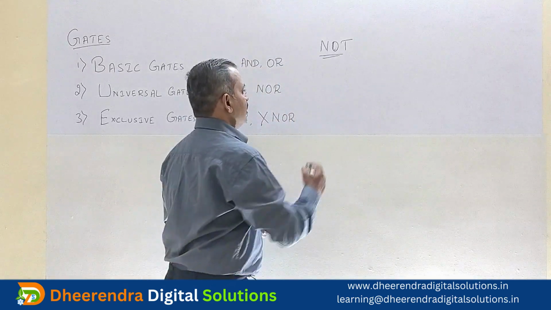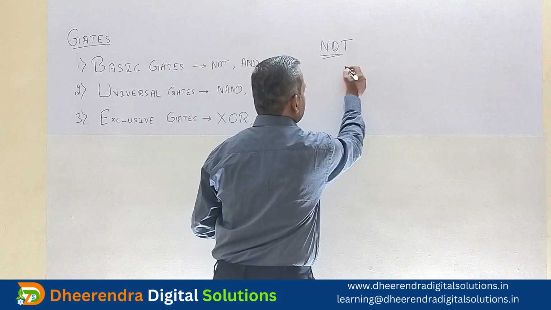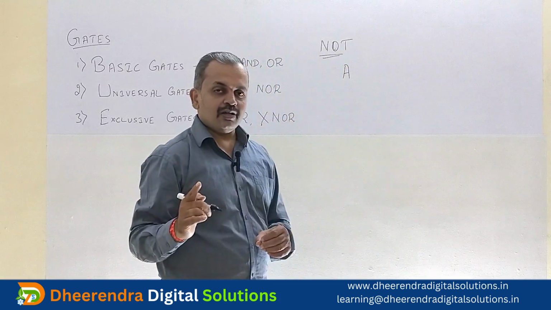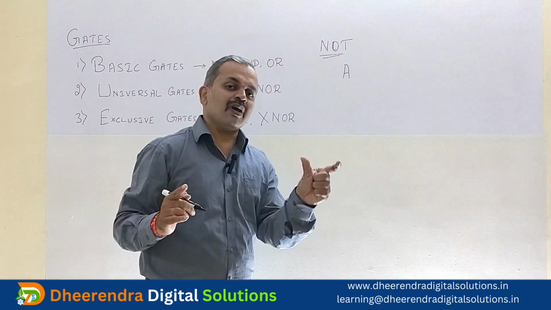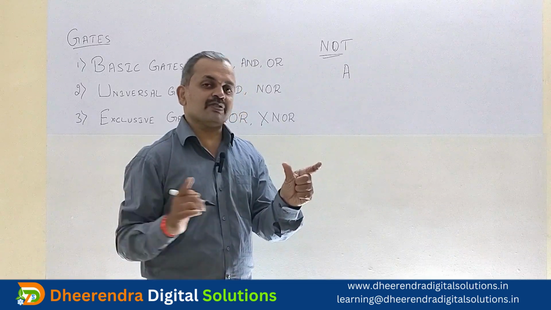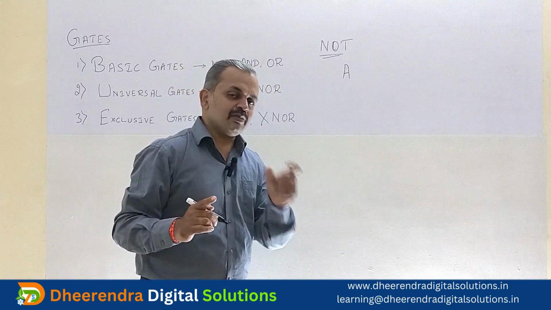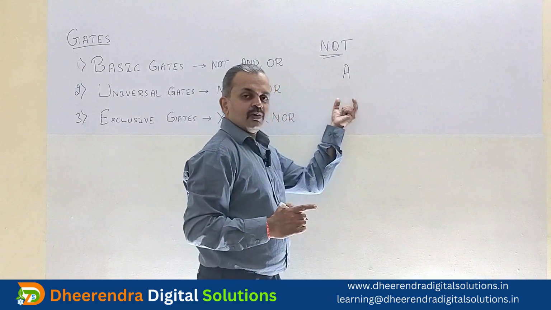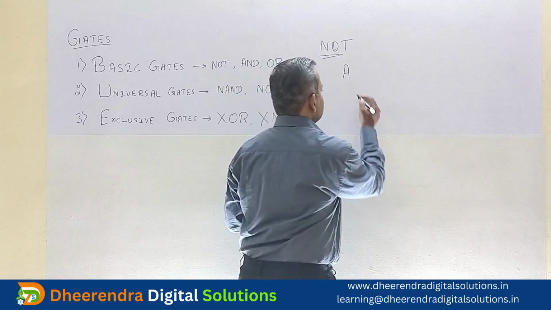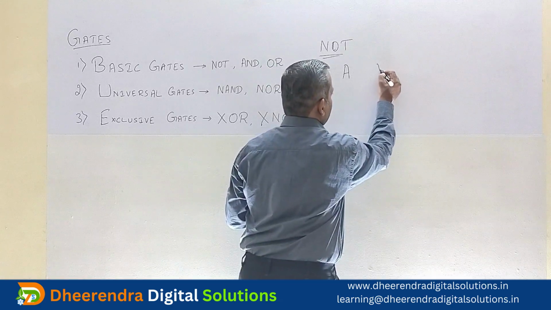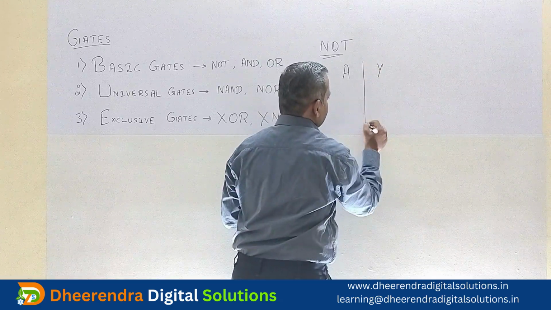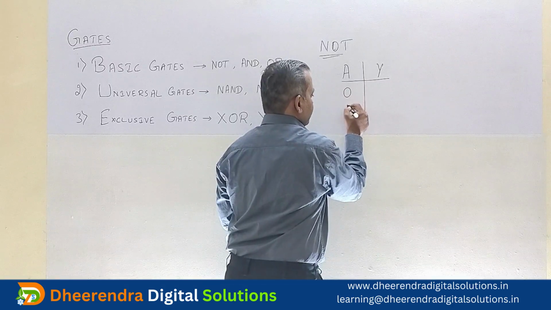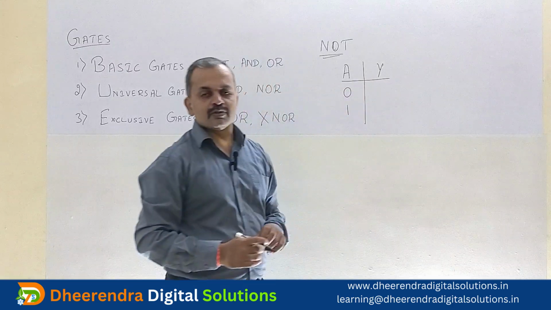Same way here, when we come to binary logic, we have one signal. Remember, a NOT is always used only on one statement. You cannot use multiple statements. So, on one statement, you're going to use not. Same way over here, you're going to make use of only one signal, and let us call it A as the input, and the output is going to be Y. Since there is one input, we will have two possible values.